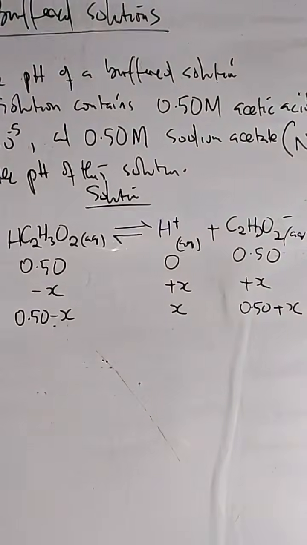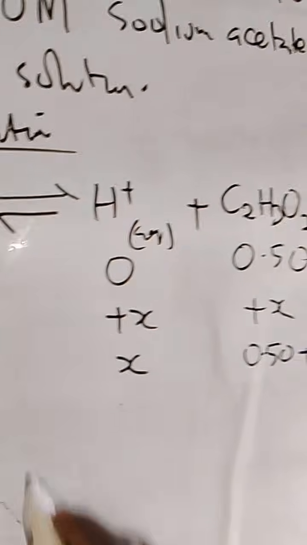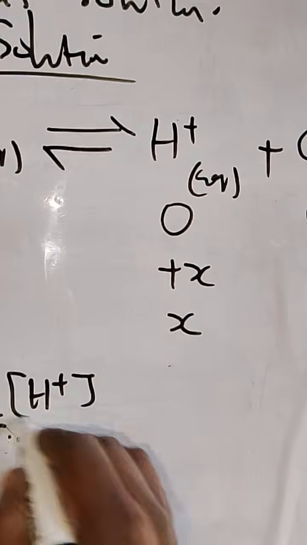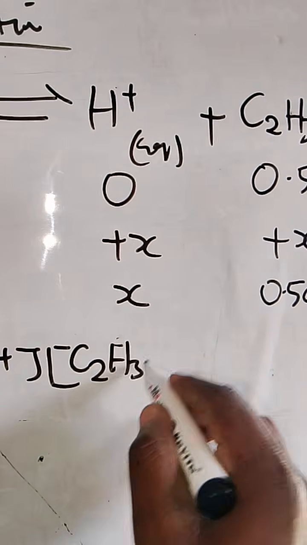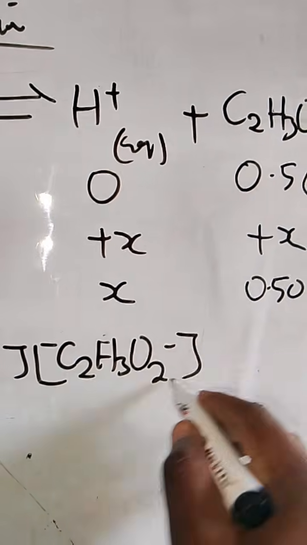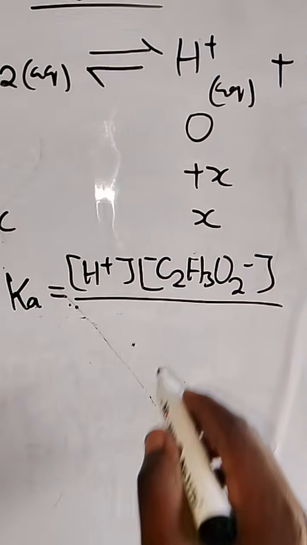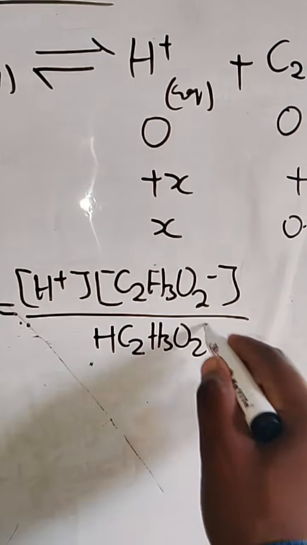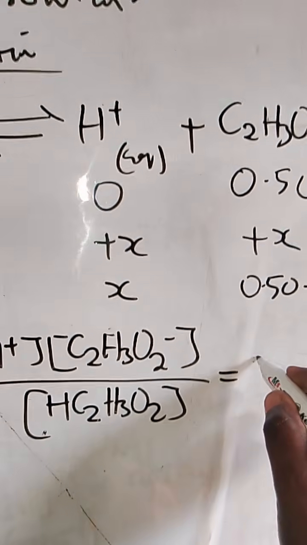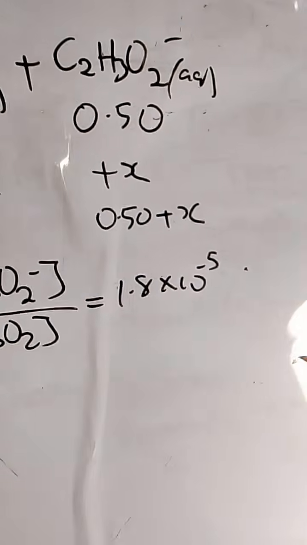Okay, so now we know that Ka is equal to concentration of hydrogen ion times the concentration of the conjugate base over concentration of the acid, HC2H3O2, which is equal to Ka, given, that is 1.8 times 10 to the power negative 5.